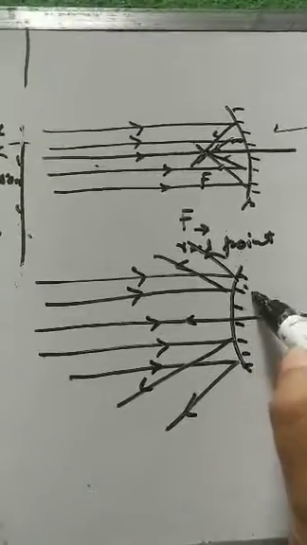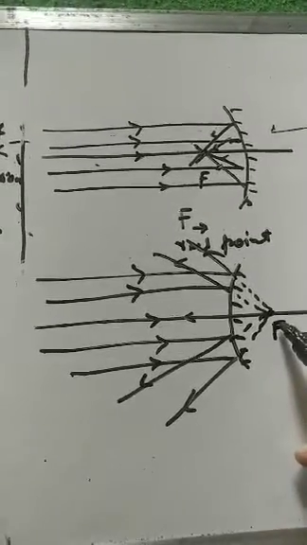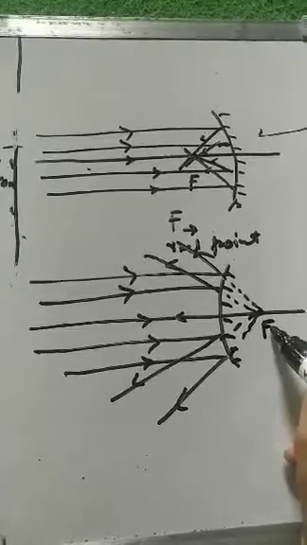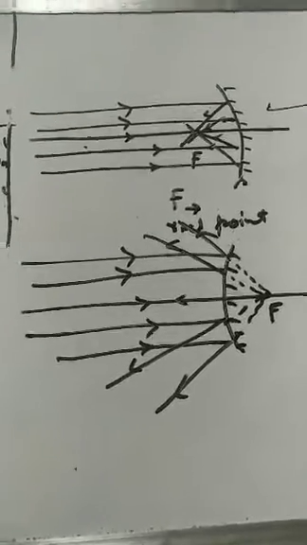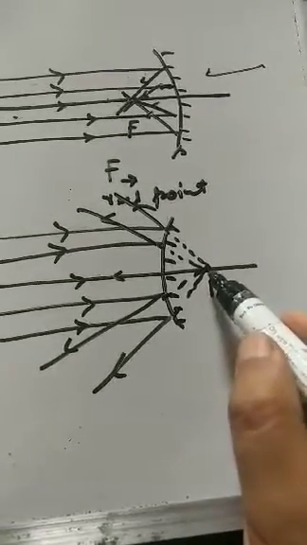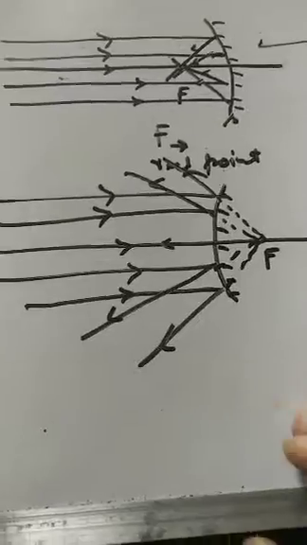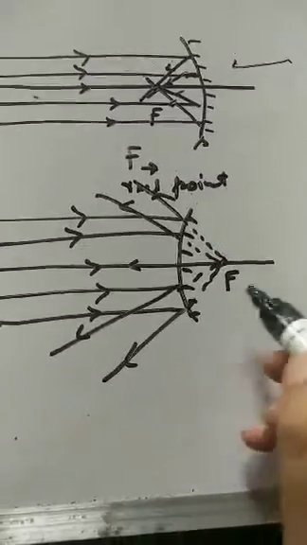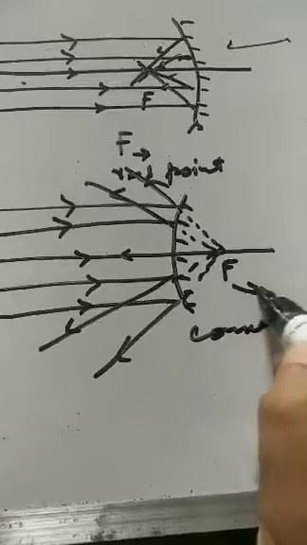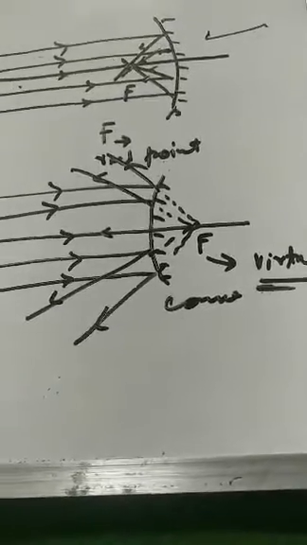So when we produce these diverging rays backwards, it appears that these rays are coming from F. It means they diverge from F, or in other words we can say that it appears as if they are meeting at F. So in case of convex mirror, F is a virtual point. How? Because at F these rays appear to meet, these rays appear to come from F.